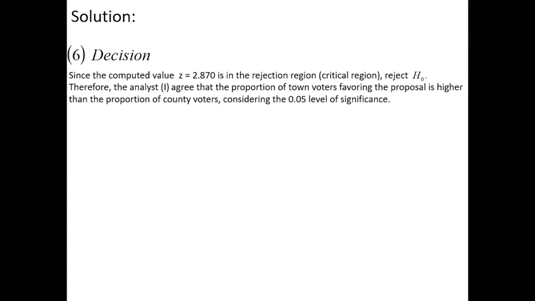P sub 1 hat is 60%, P sub 2 hat is 48%. So the two are significant enough for us to say that they are not equal, that P1 and P2, the two proportions, are not equal.